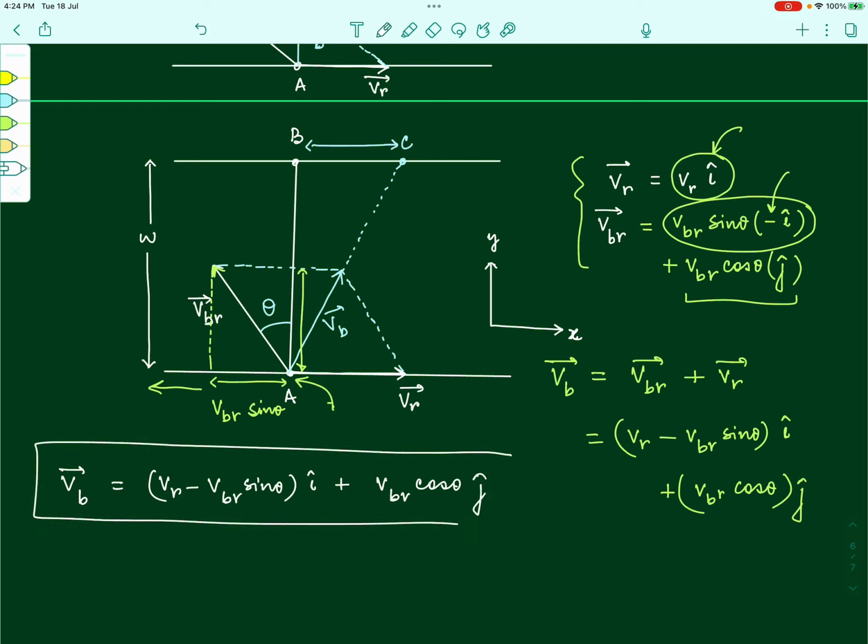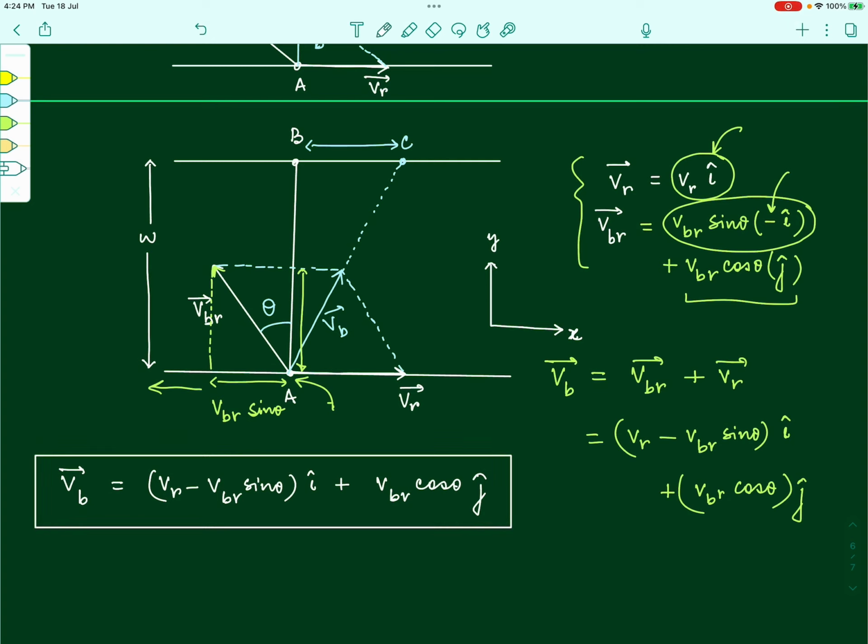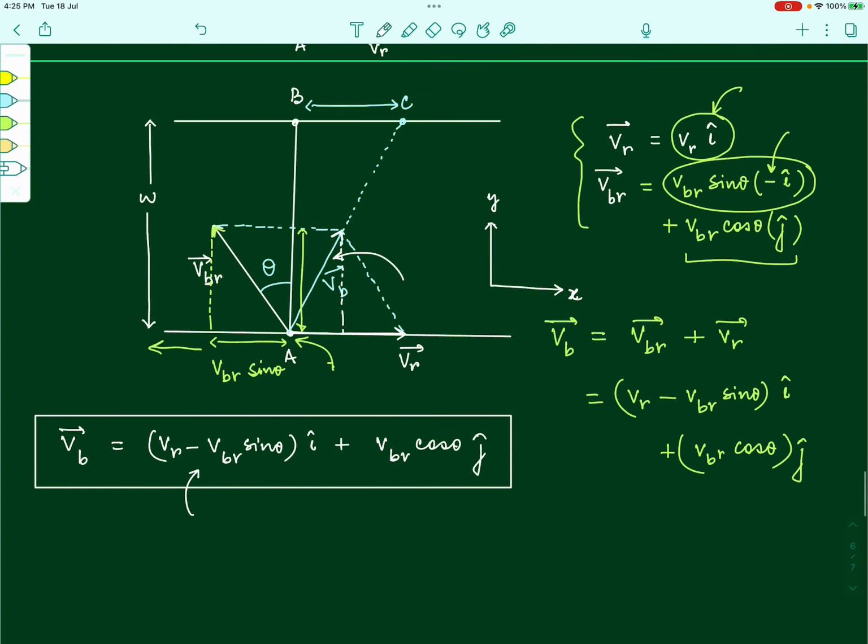From this relation, we understand that the boat's velocity vector VB has two components: one along the i cap direction, along the flow of the river, which in the figure is a component like this, and the other component, VBR cos theta, along the vertical, across the river flow, from A to B. Do we understand from these two terms that the i cap component of the boat's velocity will not help the boat in crossing the river?